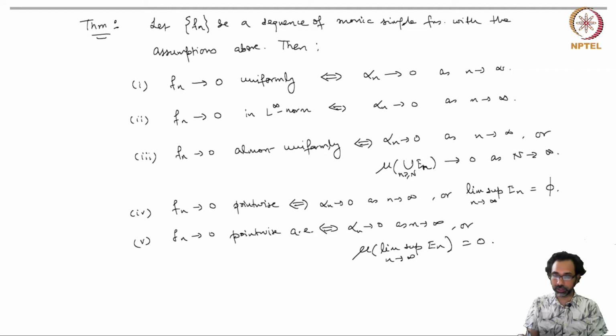The first one says, for example, that Fn converges to 0 uniformly if and only if the heights alpha n go to 0 as n goes to infinity.